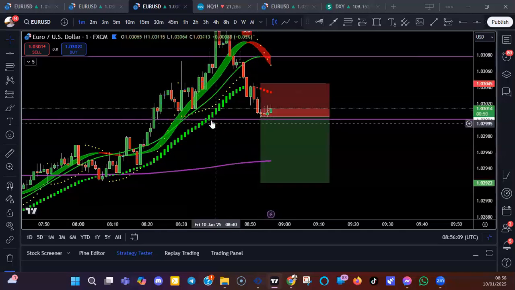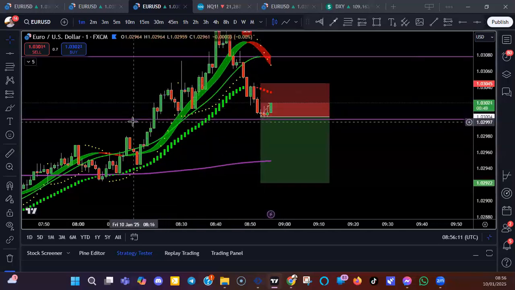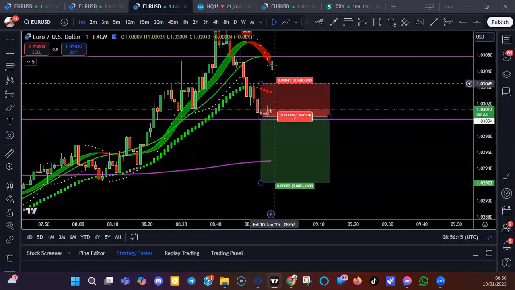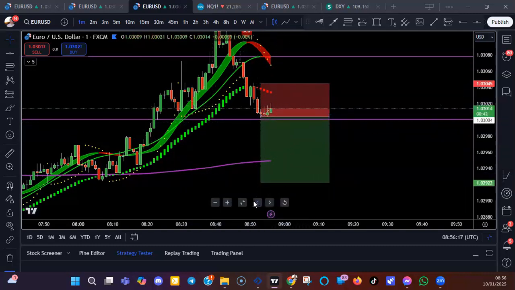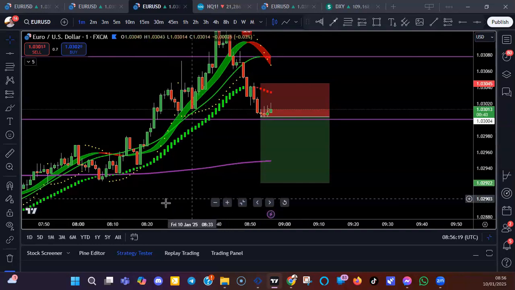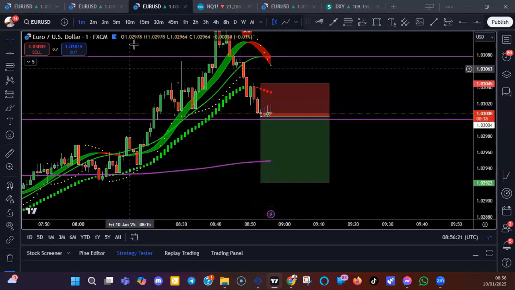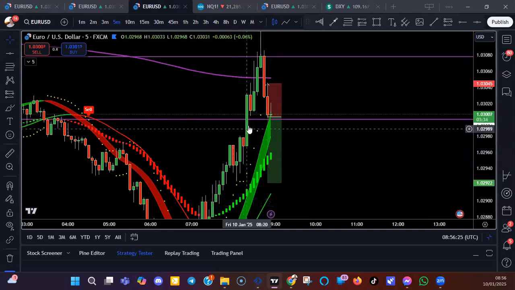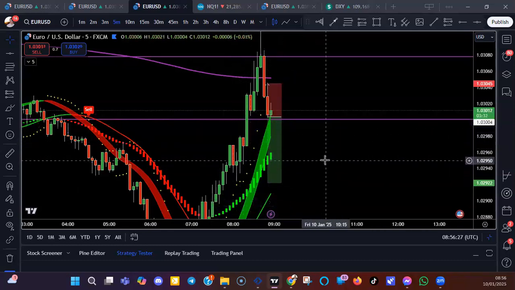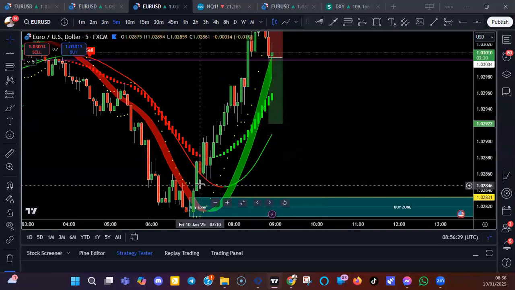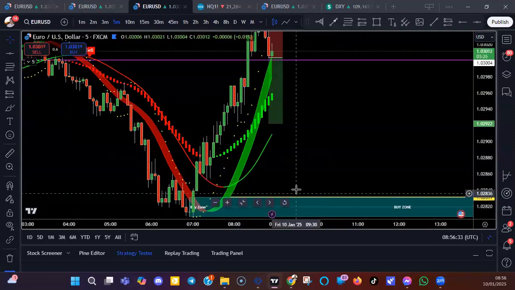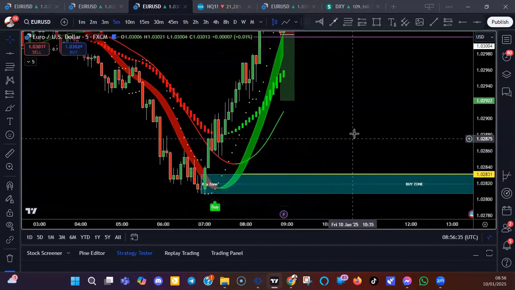As you can see, we've been respecting that support and resistance line. Now the fear is it might bounce and break to go to the upside again. But are they going to be looking into these imbalances here? Or hopefully for our sake, the imbalances down there, because they know there's some buy orders down here.